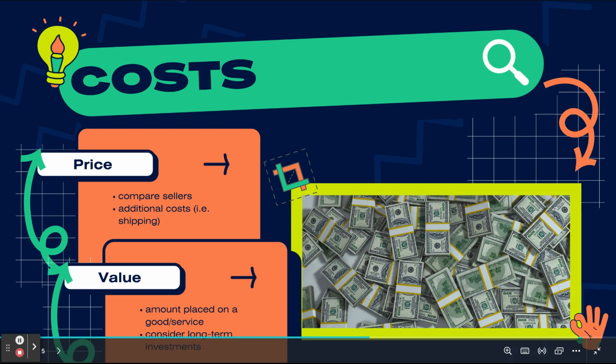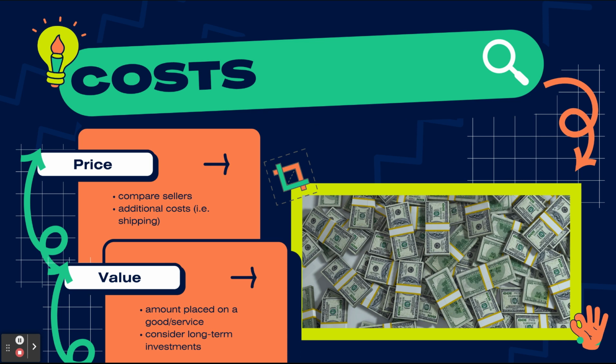In addition to price, a consumer typically also considers the value. The value is the dollar amount that an individual places on a specific good or service. Later on in the marketing period, we're going to be talking about marginal analysis, which is basically the process of comparing the amount and how much people value a specific good or service.